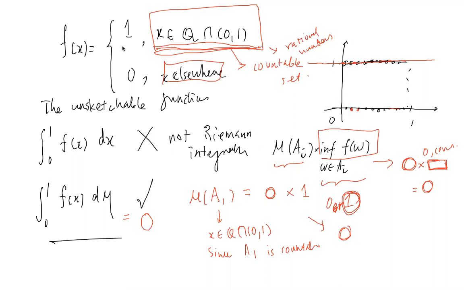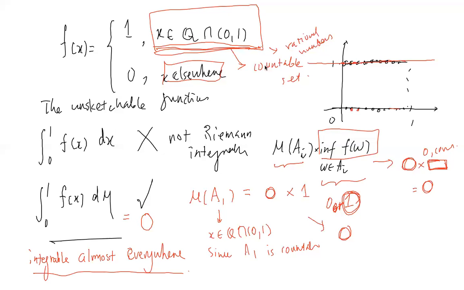And once we have this way of finding the Lebesgue integral, we can extend it to some idea called almost everywhere. We call it integrable almost everywhere.